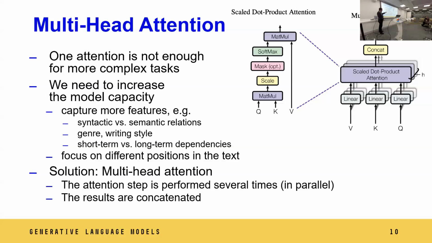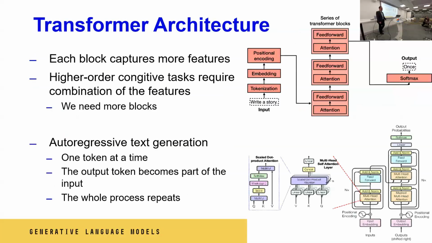So this is done in parallel, then the results are concatenated, and we are having one more complex unit. But even this is not enough. Yeah? For higher order cognitive tasks that we require from GenAI tools, we need even more blocks. So we need to capture more features.